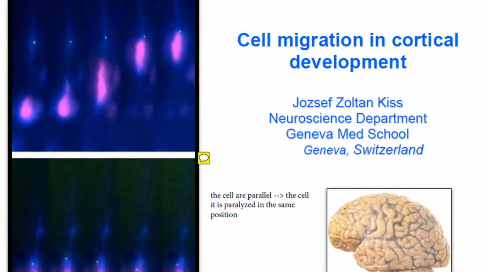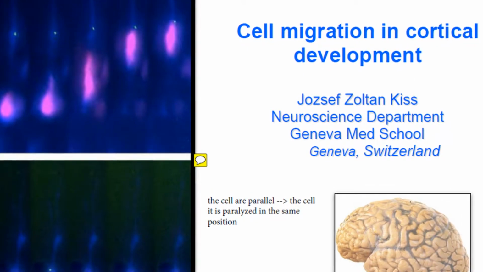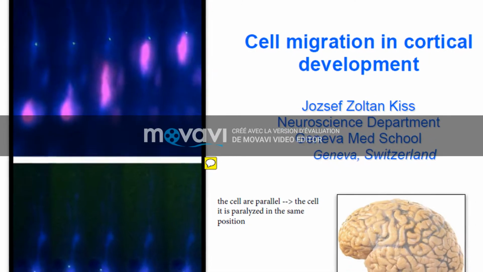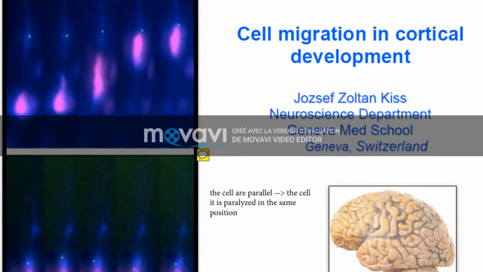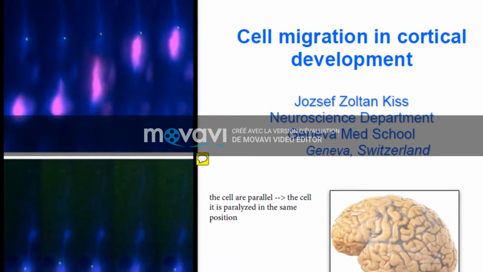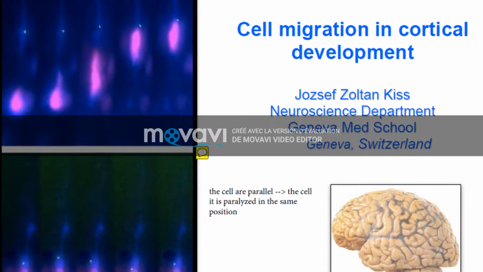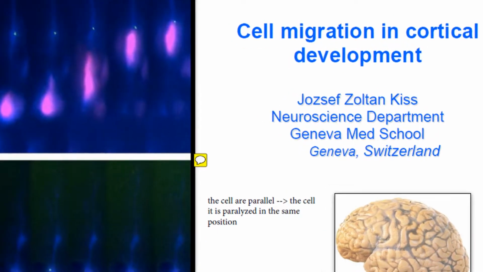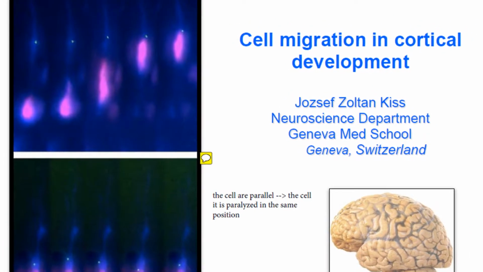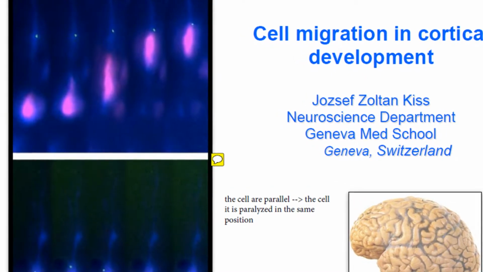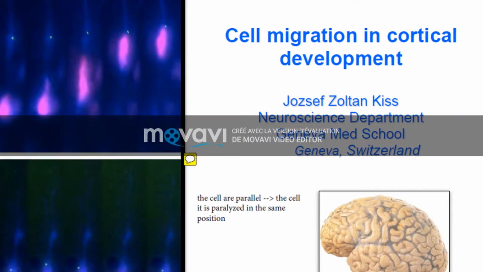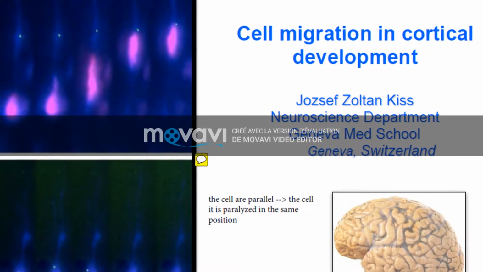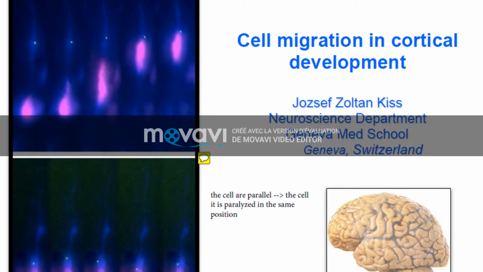So then we have misplaced cohorts, groups of neurons within the brain. That's also very dangerous because in fact, 20% of child epilepsy is linked to this heterotopia. That is to say, these neurons will make crazy contacts, the excitability of these heterotopic groups could be very high, and very often is linked to epilepsy in childhood. So heterotopias are also very important pathologies. Now, let me just show you one example.